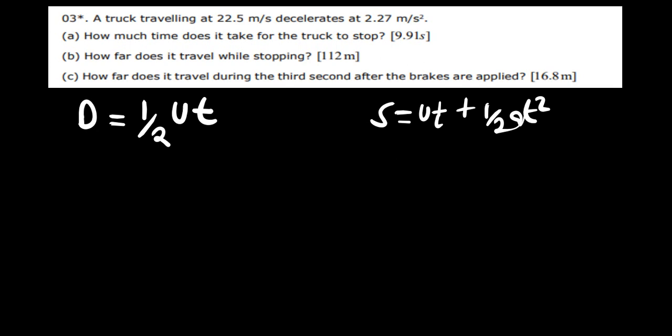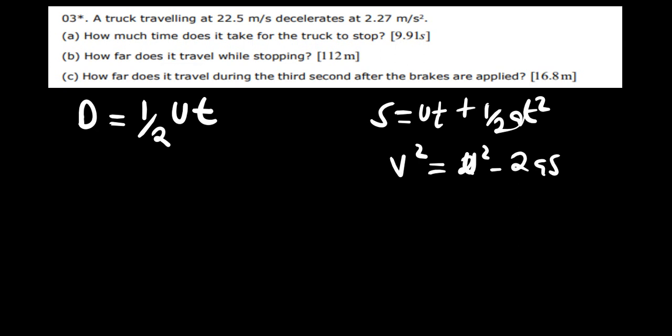There's another one too. It's v squared equals u squared minus 2as. Yes, we're going to use this one.